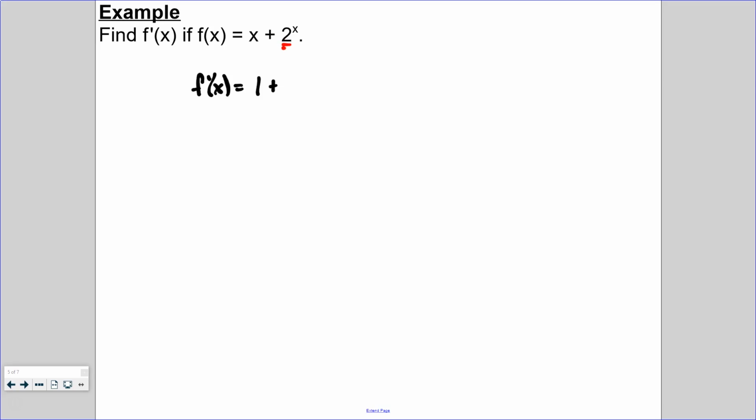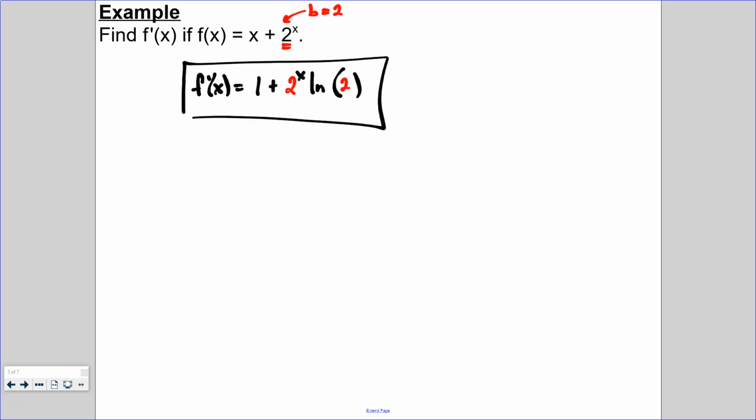So we need to identify our b value, and we can see that b is going to be 2. So now we just plug this into our derivative formula. So that's going to be 2 raised to the x power times the natural log of 2. And there we go. That is our derivative. 1 plus 2 raised to the x power times the natural log of 2.